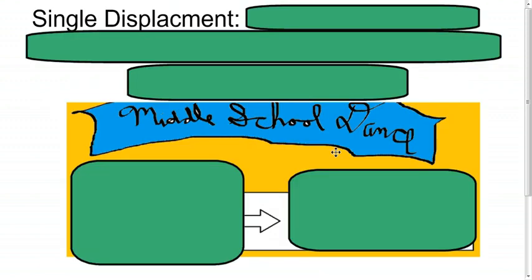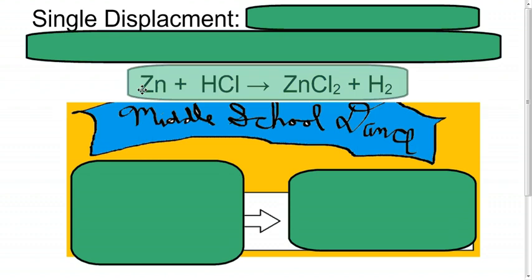The next type of reaction is a single displacement. Now, a single displacement looks like this, and you can see that the zinc here basically takes the place of the hydrogen within this compound. And I end up with zinc chloride and hydrogen gas.